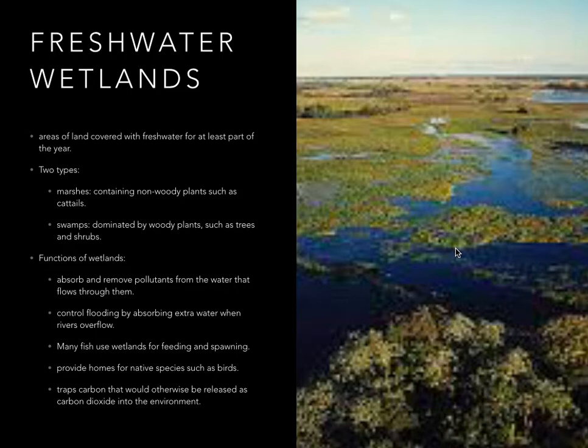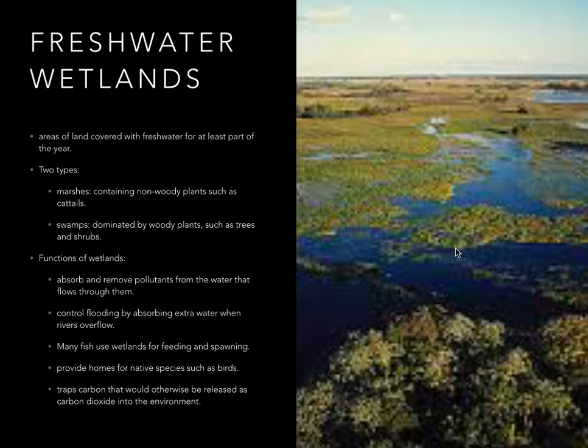And so then other animals can migrate and have an abundant food source in these wetlands as well. So these are really important, and we have more policies that are protecting these wetlands as we realize how important they are. So there are two types. There are marshes that contain non-woody plants such as cattails, and then we have swamps that have woody plants such as trees and shrubs.